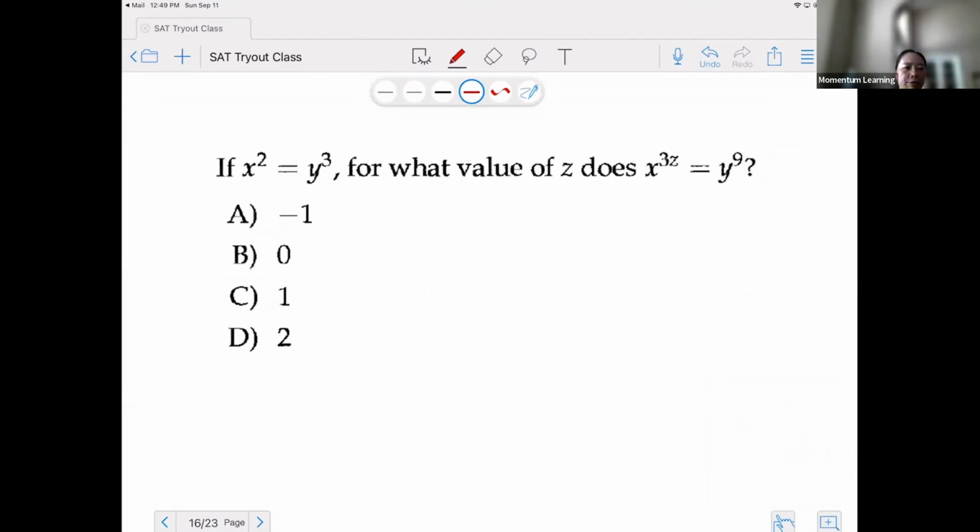Okay, I will give you a little bit more time on this. You have x, you have y, and you have z.